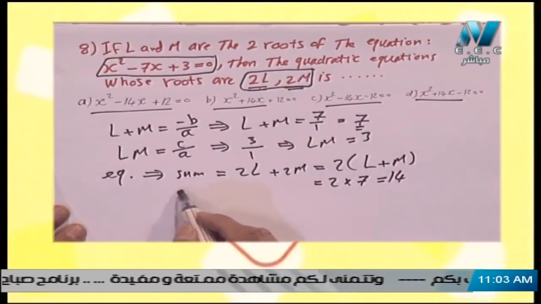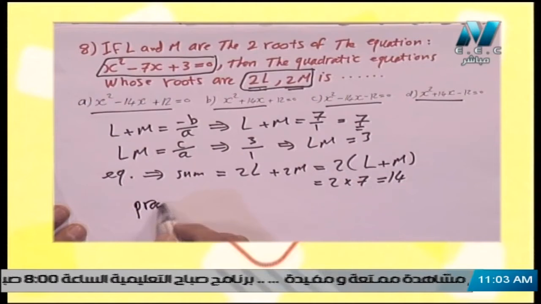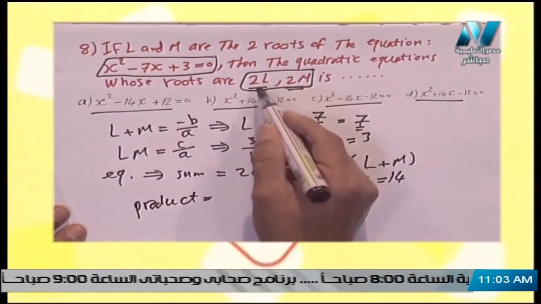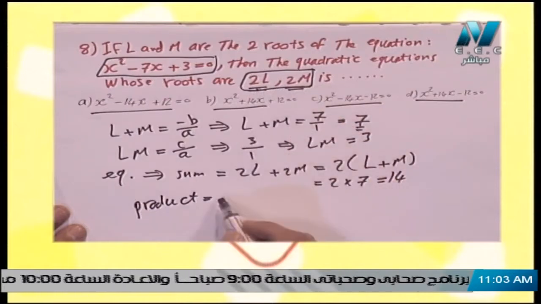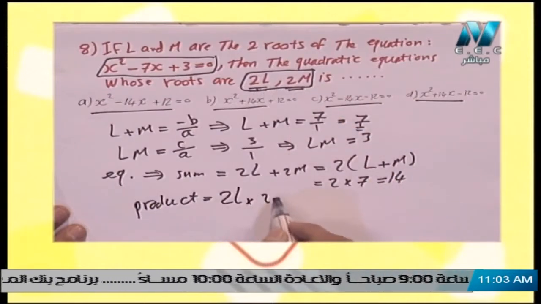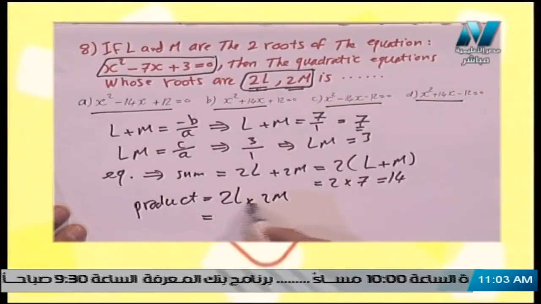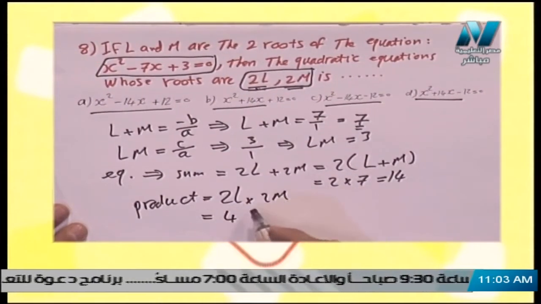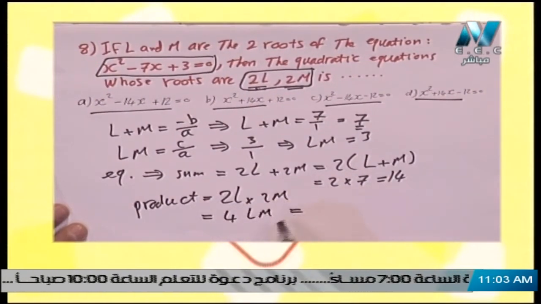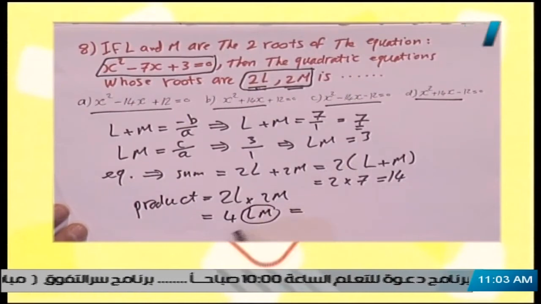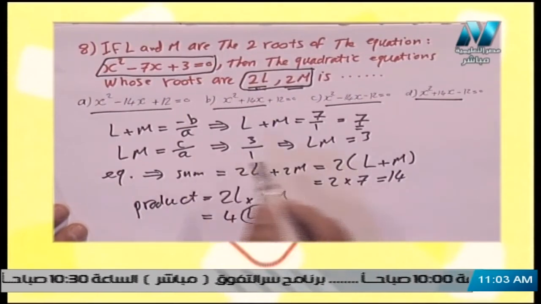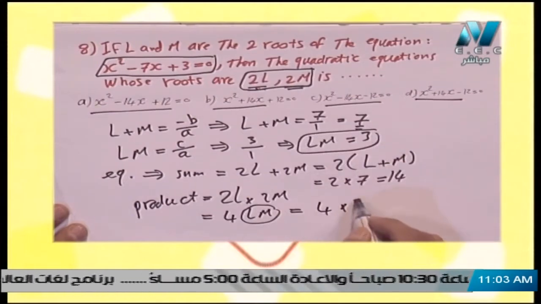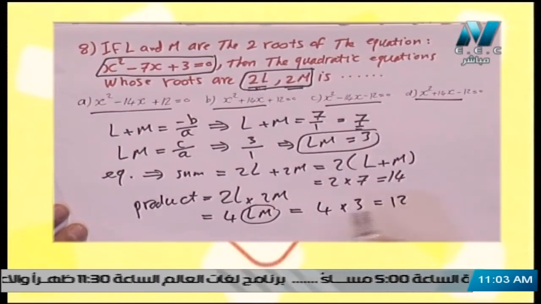And we have to find out the product of the new equation. The product equals 2L multiplied by 2M. So 2 multiplied by 2 equals 4, and L multiplied by M equals LM. By substituting LM by 3, 4 multiplied by 3 equals 12.